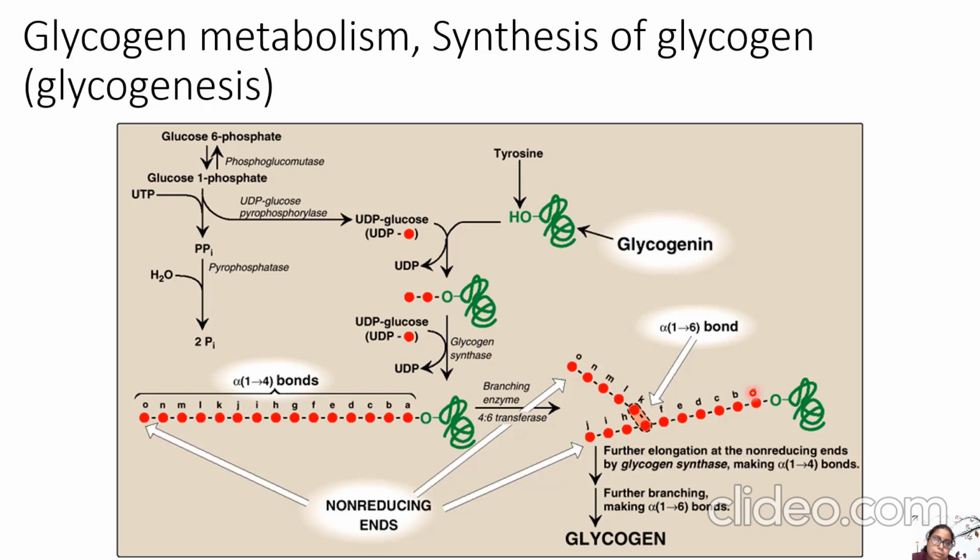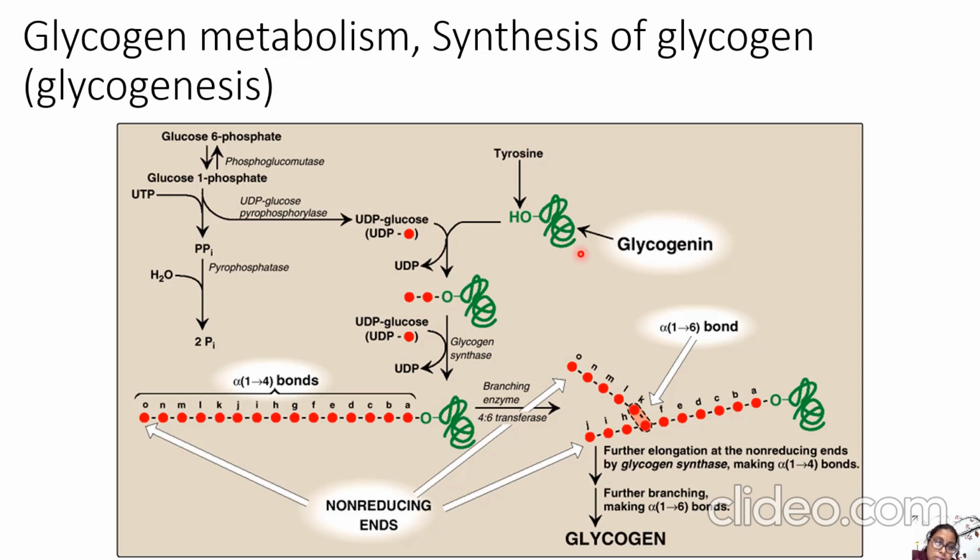Now, for synthesis of glycogen, glucose 6 phosphate will be converted to glucose 1 phosphate, and then with UDP glucose pyrophosphorylase, UDP glucose will be formed, releasing PPi to Pi, and then glycogen synthase will act on it.